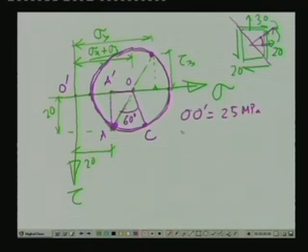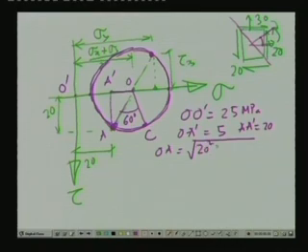So, O A dash is equals to 5 and A dash A is equals to 20. So, the radius O A is equals to root of 20 square plus 5 square, which is equals to 20.62.